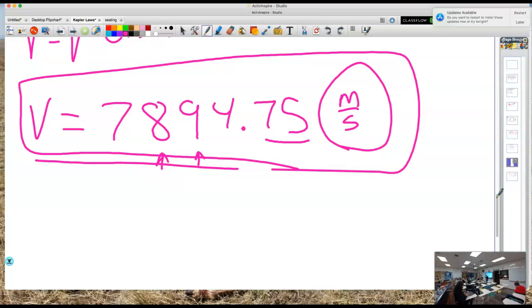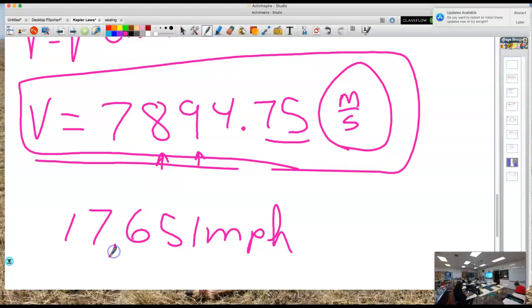What did you get? I got 17,651. So you multiply it by 60 twice, and then divide it by 1,610.